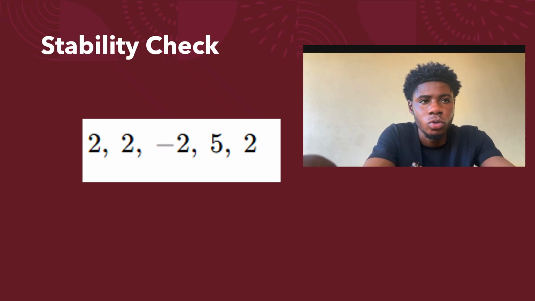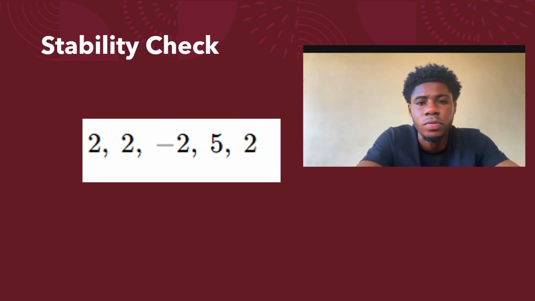From 2 to 2, there is no sign change since both values are positive. From 2 to negative 2, there is one sign change because the sign changes from positive to negative. From negative 2 to 5, there is one sign change as it goes from negative to positive. And finally, from 5 to 2, there is no sign change since both values are positive.